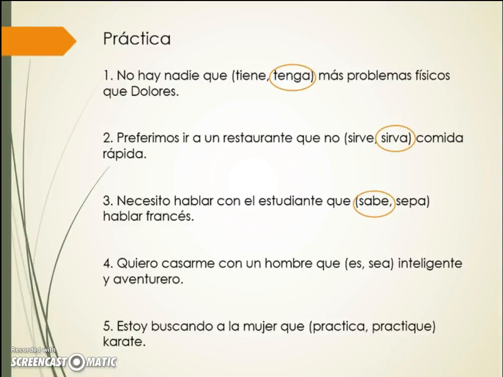Notice how I'm saying a man, not the man, like I'm in a room full of men and there's that one who's intelligent and adventurous, and that's the one I want to marry. I'm just saying I want to marry a man. So un hombre is indefinite, so I should pick sea. And then number five is estoy buscando a la mujer que. So I'm looking for the woman that practices karate. Since I'm looking for that specific woman, la mujer, I would pick practica.